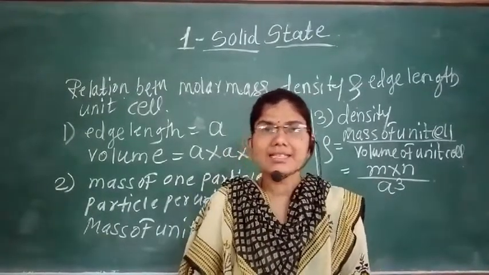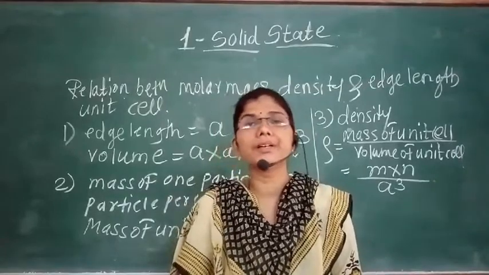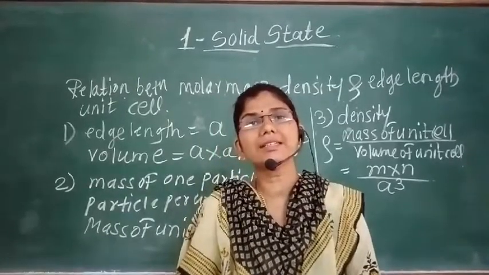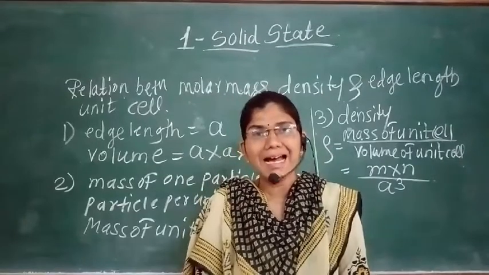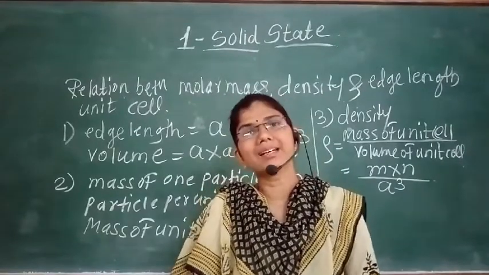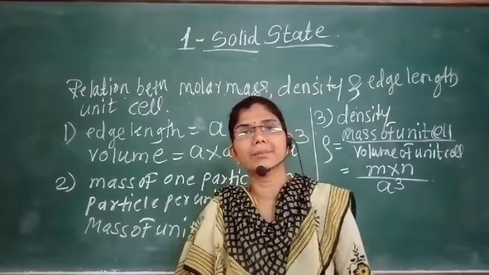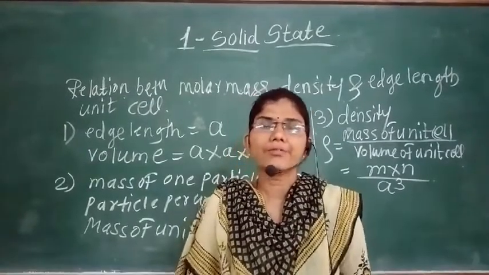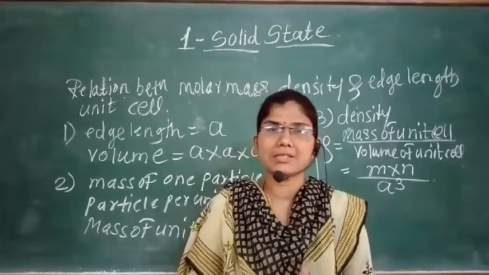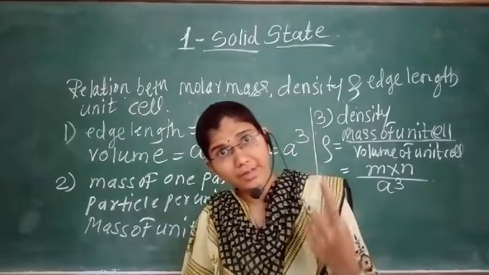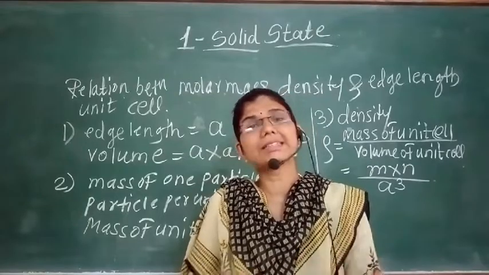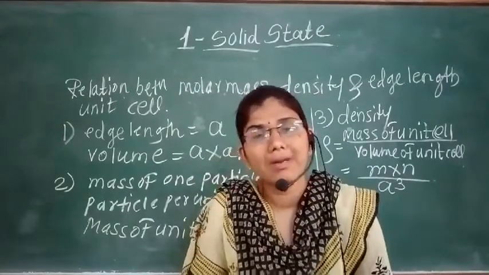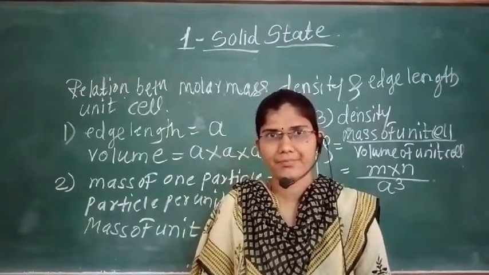That means 6.022 into 10 raised to 23 particles is equal to 1 mole. But as we know, this number is uncountable, and therefore if we have 1 mole of a substance, its mass is equal to the molar mass of that substance.